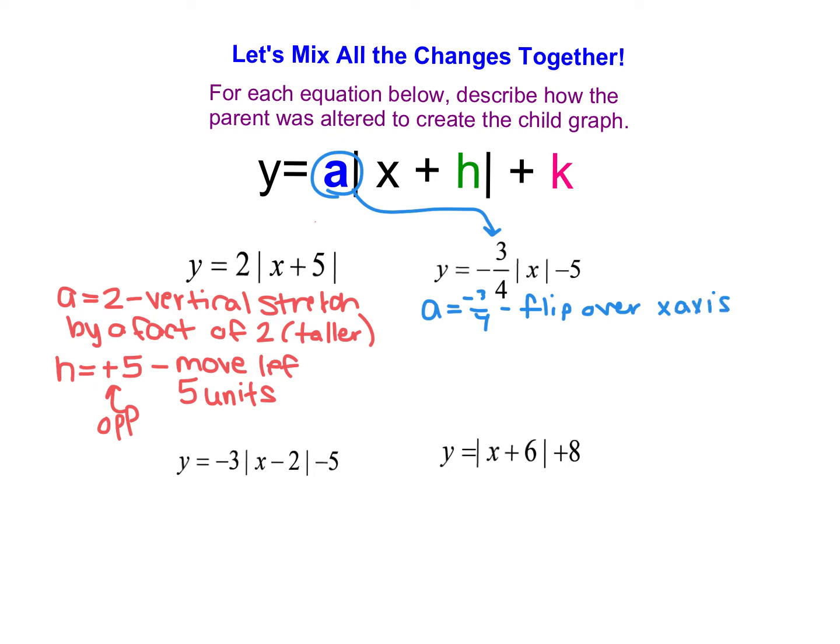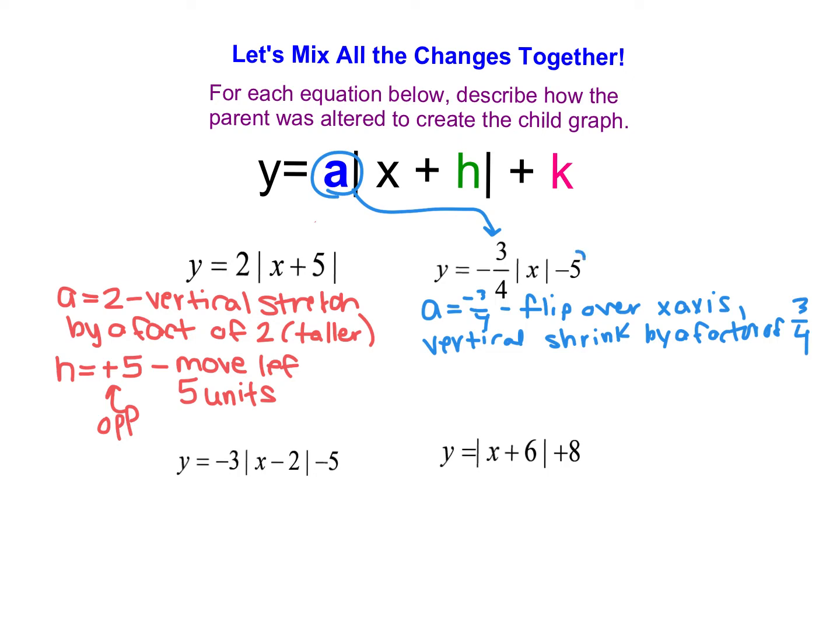It's going to flip the whole absolute value graph over, and then 3/4 is trapped between 0 and 1. So that means we're going to shrink it down, so we have a vertical shrink by a factor of 3/4. We're going to shrink down to 3/4 of its size, which makes it wider.